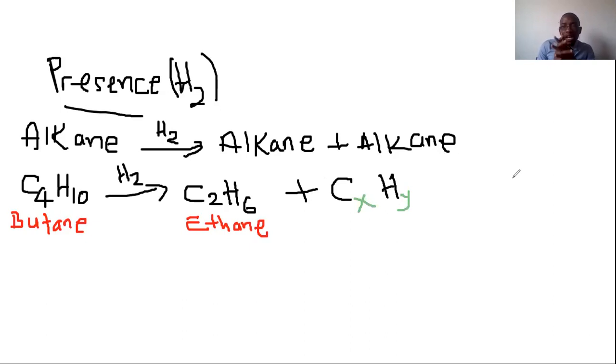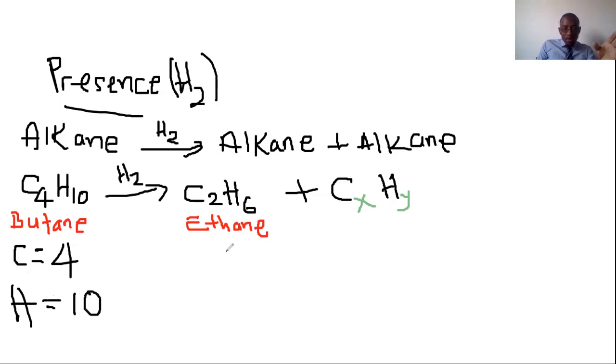When it comes to cracking, when we break down a large molecule and produce smaller, simpler molecules as products, what is cardinal here is that the number of atoms on the left should be equal to the number of atoms on the right. On the left, we notice that we have 4 carbons and 10 hydrogens.